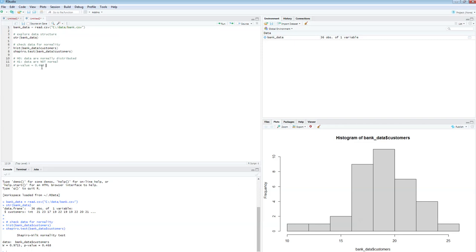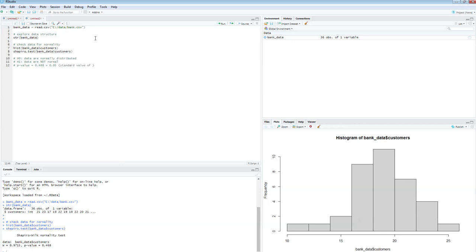We have agreed in the previous lecture that every time we use the Shapiro-Wilks test for normality, we're going to use the standard level of significance, 5%. In this case, I can see that my p-value is higher than 5%.